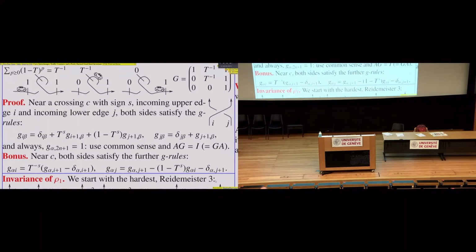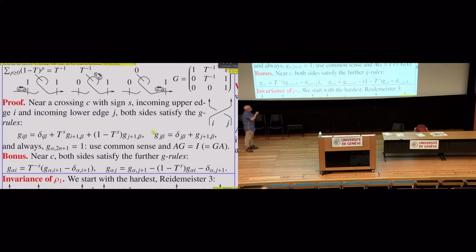Proof. Basically, it's easy to check that near a crossing with sign S and labels I and J, the green function and the car traffic counting both satisfy these equations written here. So let me explain.